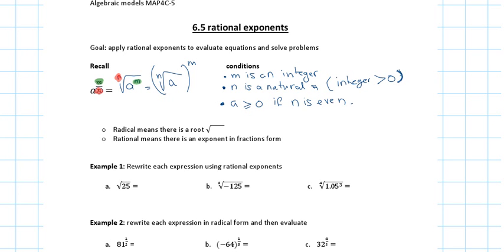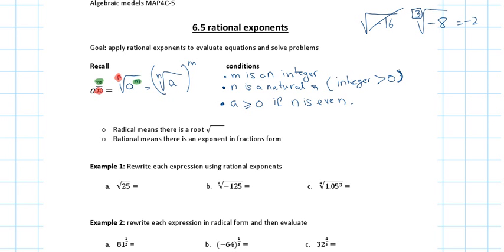If I have, let's say, the square root of negative 16, that's not possible. I can't find the answer for that. However, if I have the cube root of negative 8, yes, I can find the answer for that. It's negative 2. And that's because the root is an odd root, right? With an odd root, I can find the negative answer for it. Are we okay with that?